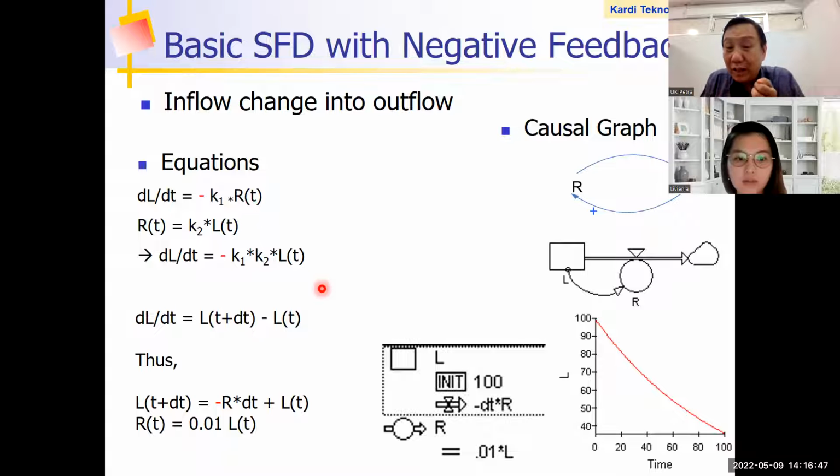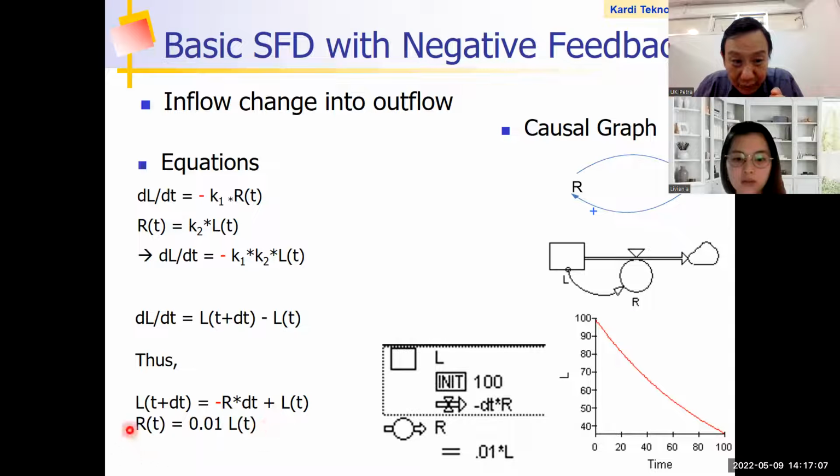After that, you create the SFD, stock flow diagram. From the stock flow diagram, you create the equation, because the equation is very clear. The level equation is very clear and the rate is the one that you set.